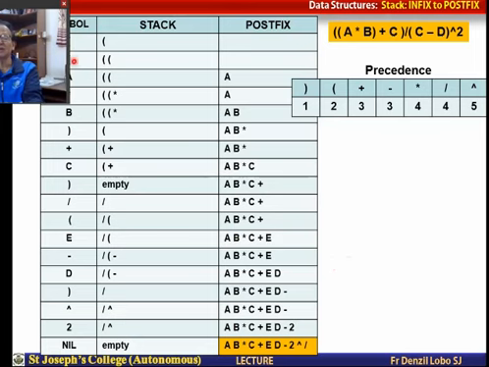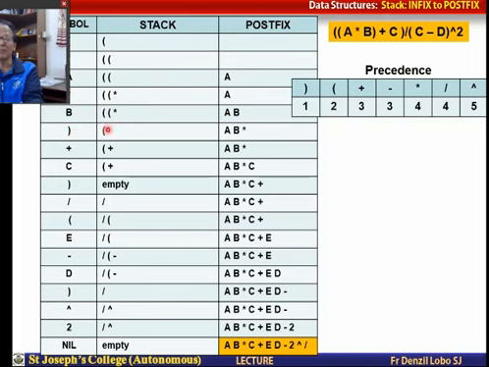Similarly here, check as you see, a left parenthesis. Again the left parenthesis always goes onto the stack. Now you come to A, it goes in here. You get the operator into, naturally it has high precedence, therefore it goes onto the stack. Then you come to B, which goes onto the postfix.